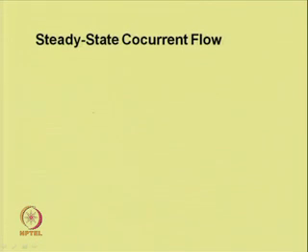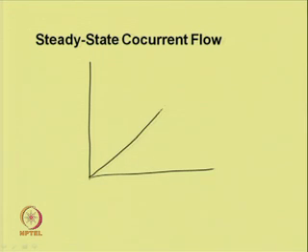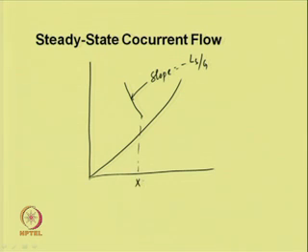And if we plot, this is the line and this is the slope minus Ls by Gs, and this is x2, this is y2, this is y1, and this is x1, and in between suppose this is x and this is y.